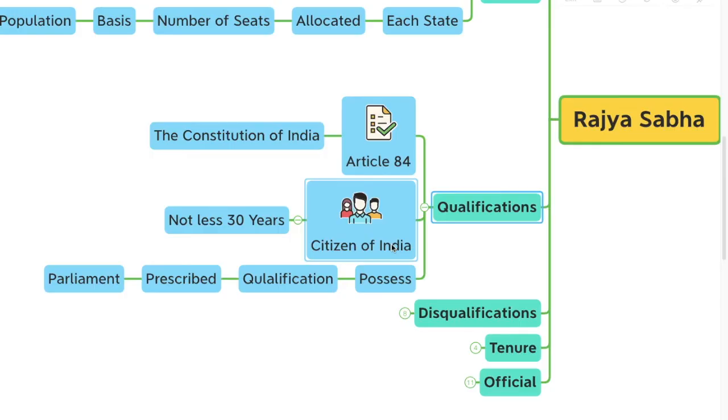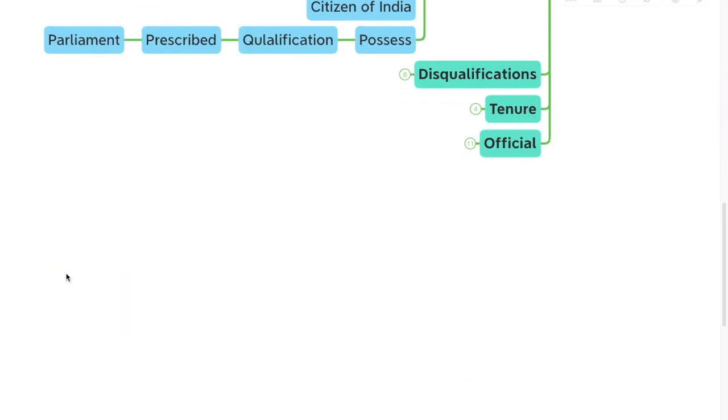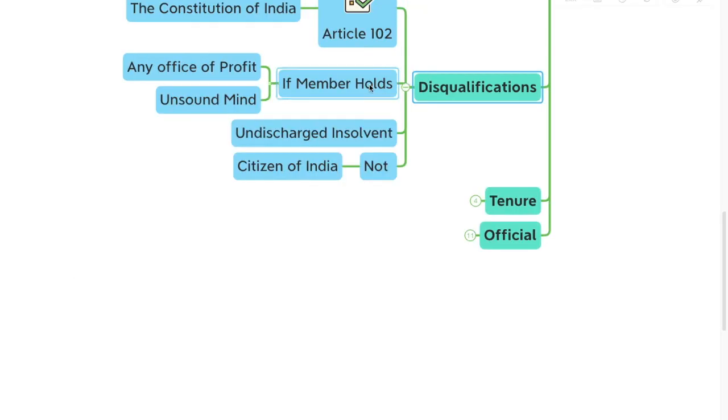Simple as that. He or she must be a citizen of India. For Rajya Sabha, the member should not be less than 30 years old, and he or she should also possess some other qualifications prescribed by the Parliament.